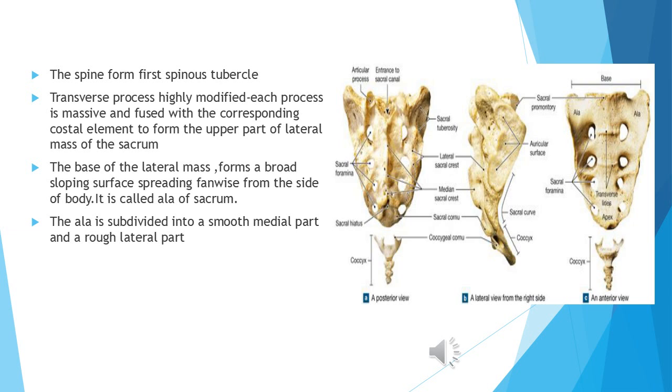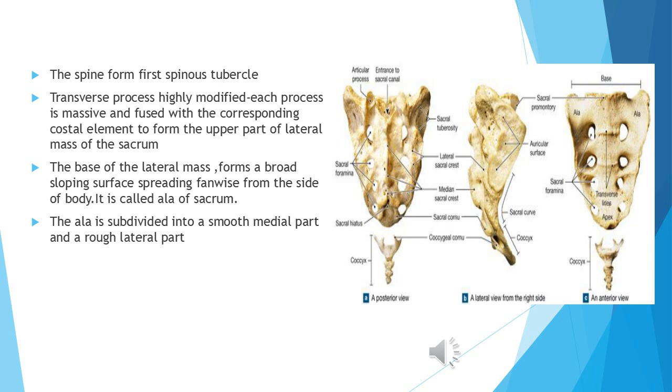The base of this lateral mass is seen as a broad sloping surface, spreading like a fan from the side of the body, and that is known as the ala of the sacrum.